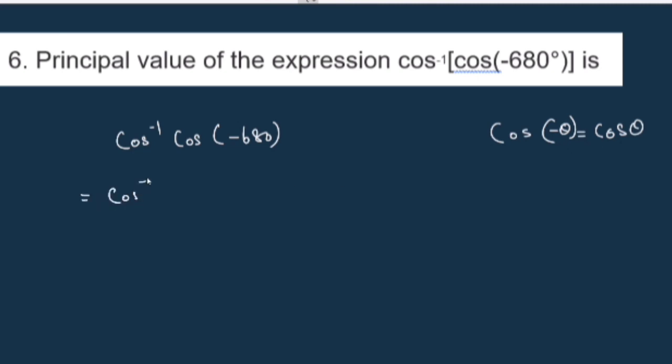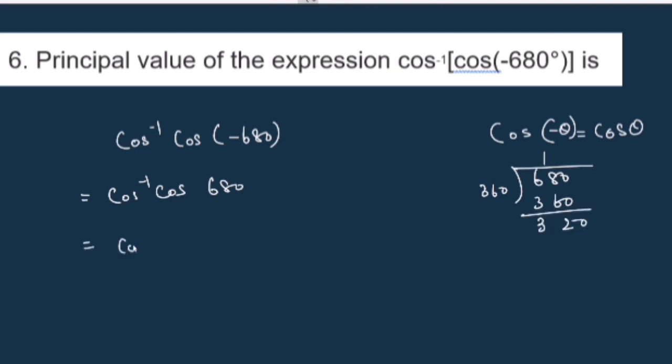So this is cos inverse cos of 680. Now 680 is actually in the fourth quadrant, so it reduces to 320. So this is cos inverse cos 320.